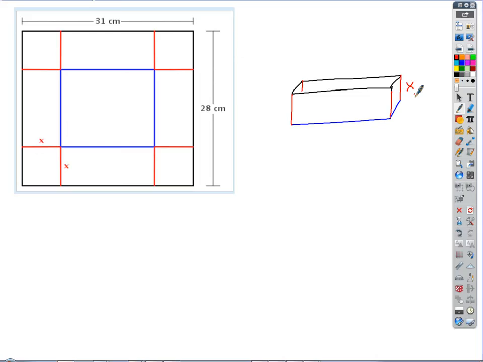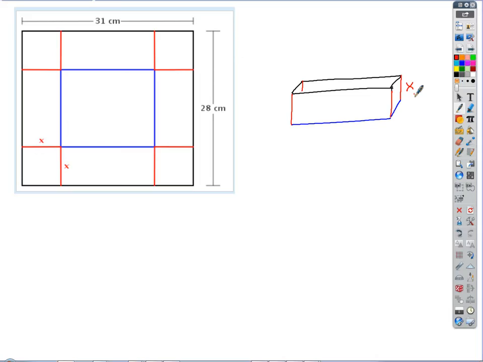Maisie, you got an idea? Is it less than 31? It is, isn't it? Because we folded up the flaps. How much less than 31? Well, we don't know for sure, right? Because we don't know what x is yet. So we're probably going to have x's in our answer.